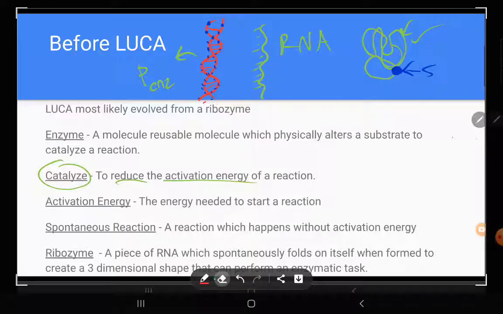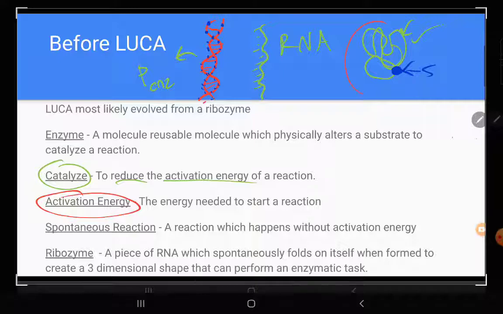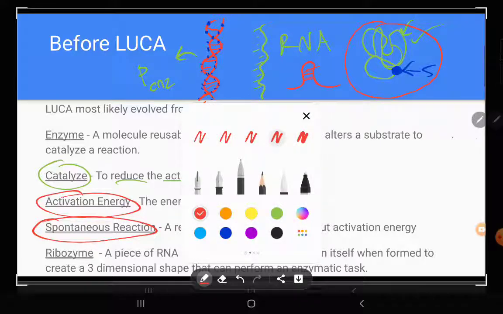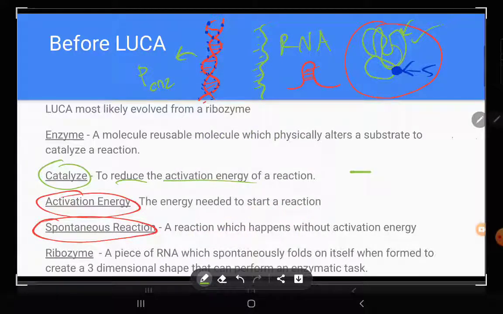So anyway, RNA is the likely candidate. It reduces activation energy. Another cool thing is that this folding process, where RNA can fold on itself due to its self-binding, is spontaneous. The only part that isn't spontaneous is when the nucleotides of RNA connect.